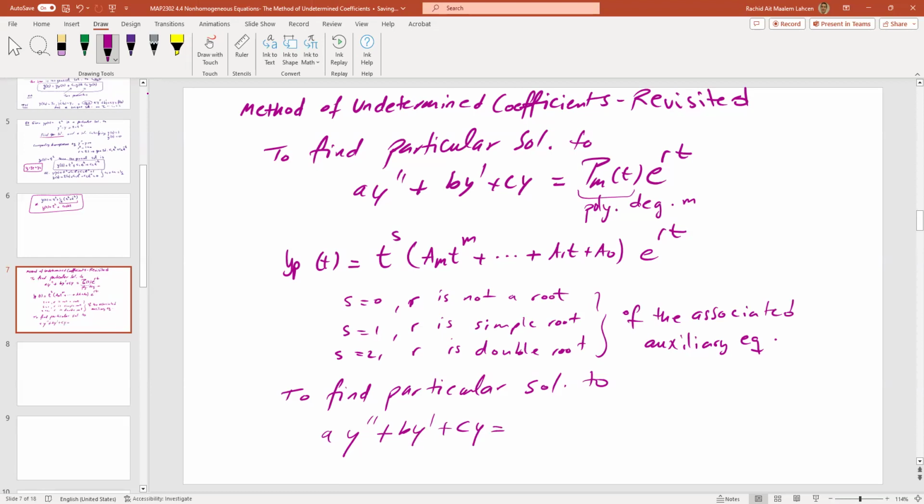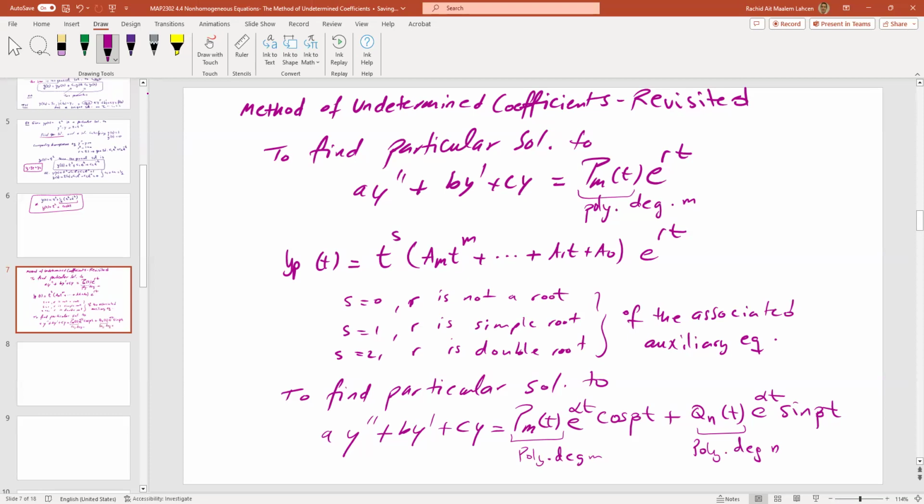But the right-hand side, if you have a polynomial times exponential function times cosine beta t plus some polynomial degree n, the same exponential function and sine beta t. Of course, here this is polynomial degree m, polynomial degree n.